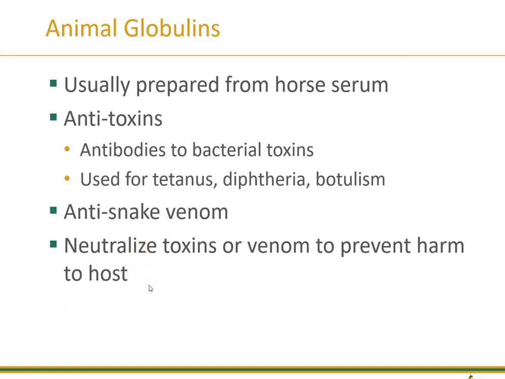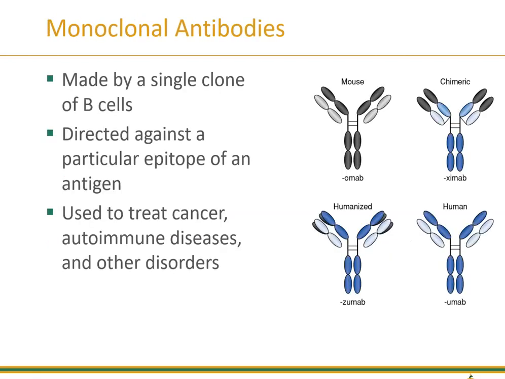There's a whole bunch of different types of anti-venoms out there. These antibodies will neutralize a toxin or venom and prevent harm to the host, because some of the snake venom and spider bites can cause very hemorrhagic, neurotoxic kinds of events.